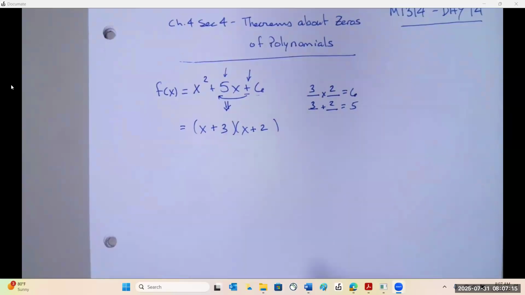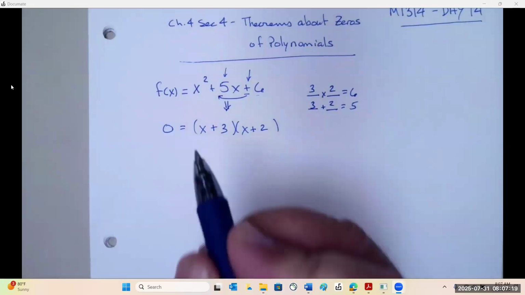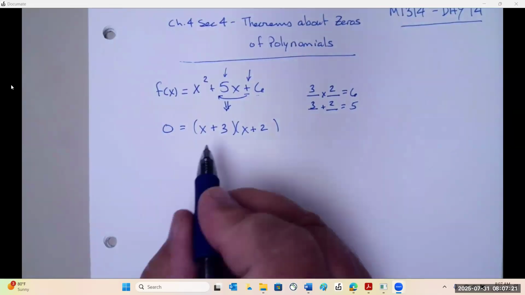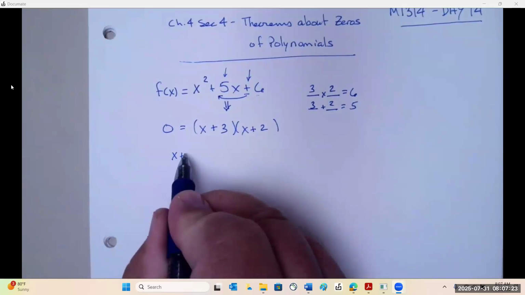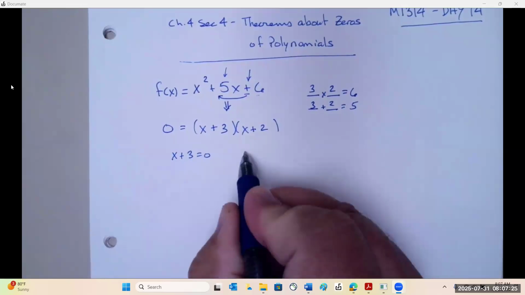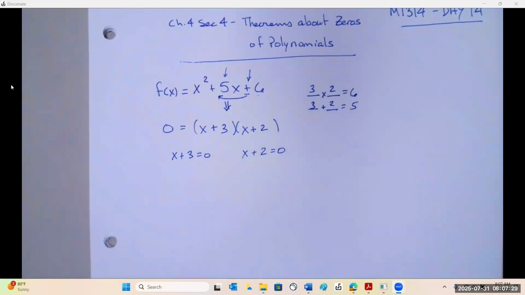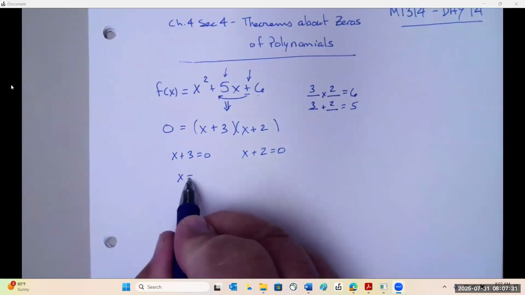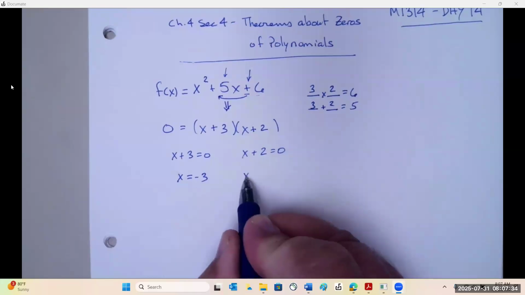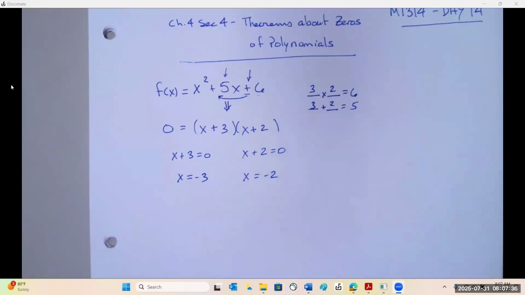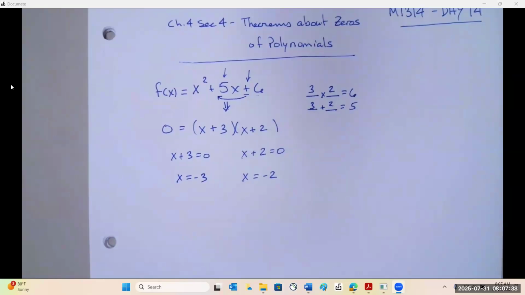And then what do we do with this? Set, very good. Set the equation equal to 0, and then set each of these two equal to 0. And then we solve our equations. So far, so good.